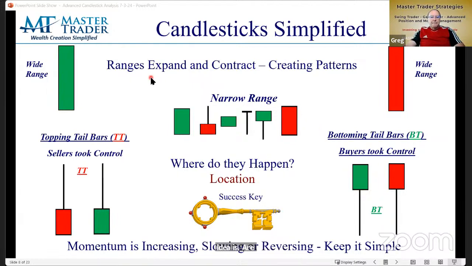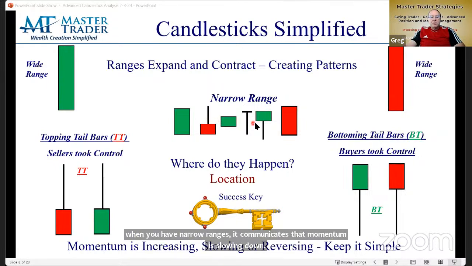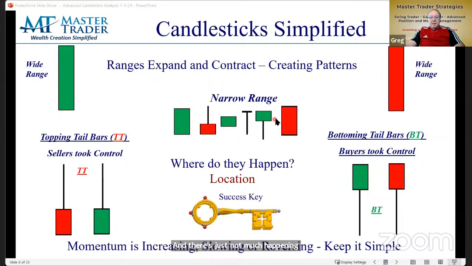Right, so continuing to simplify the hype from this candlestick idea is, are the ranges expanding or contracting? When you have narrow ranges, it communicates that momentum is slowing down. Right? There's just not much happening, especially if the bars are overlapping each other the way this is displayed. And then there's big candles, wide ones. Doesn't matter, call it whatever you want. And this candle here is big compared to those.